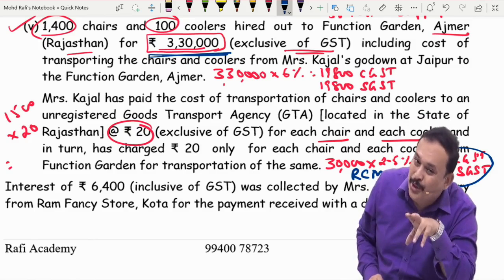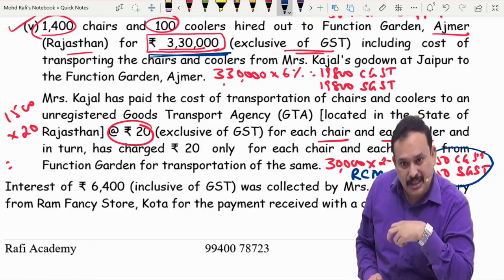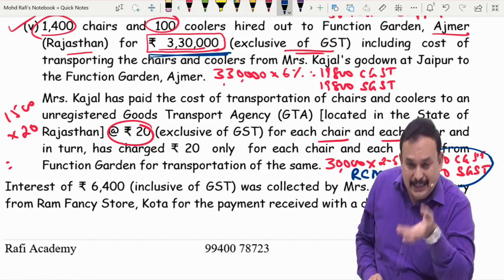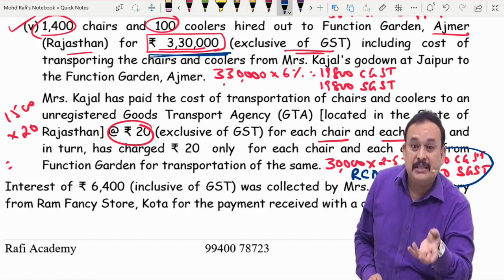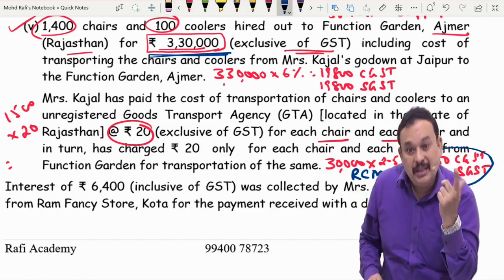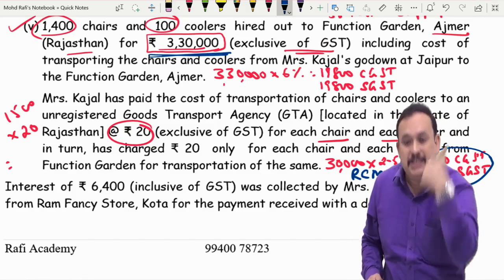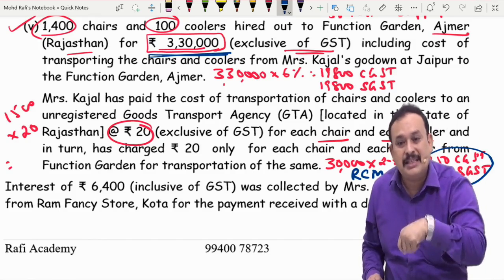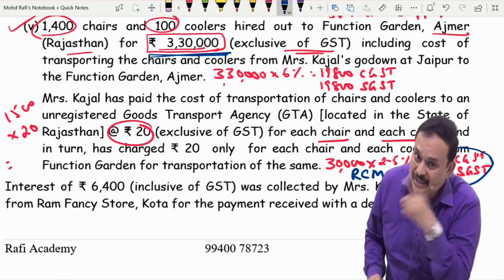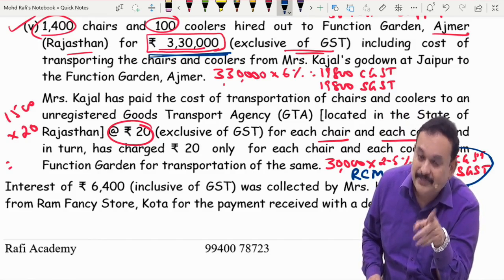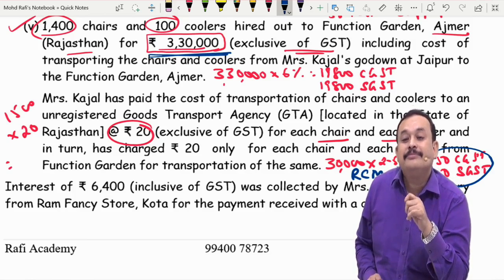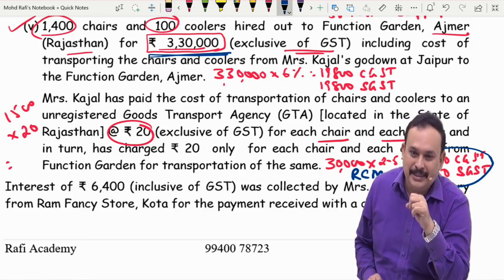But they should be transported from Kajal's place to the function garden, which needs a vehicle. The vehicle is hired by Kajal by paying freight. And that person who provides the GTA service, an additional person, so the services received are under RCM. Reason: receiver a registered person, supplier an unregistered person, GTA service. That's the reason. One transaction between Kajal and the GTA, one transaction between Kajal and the customer. Is it clear, my dear sir?